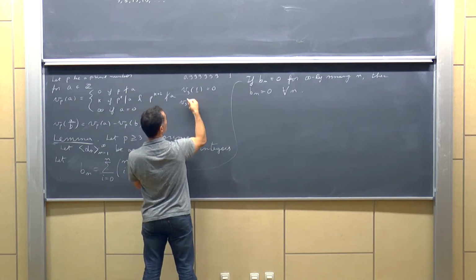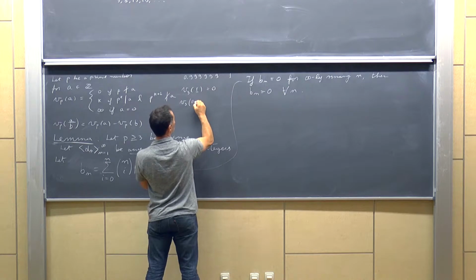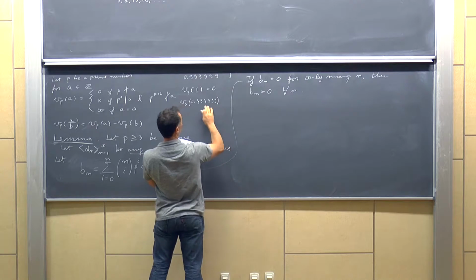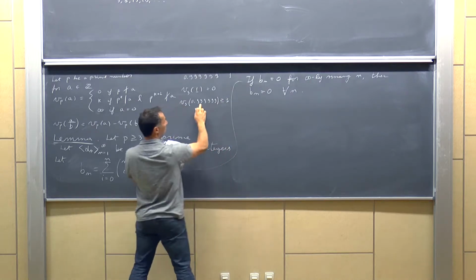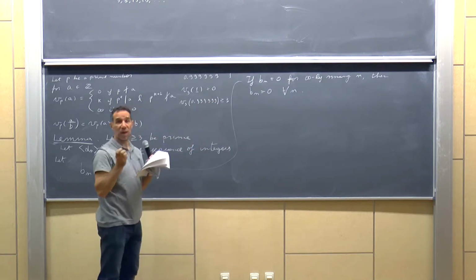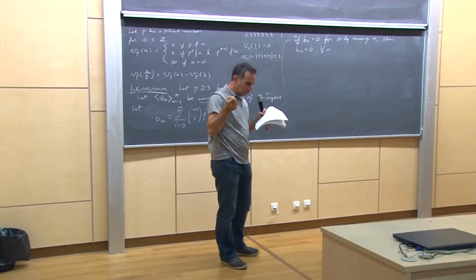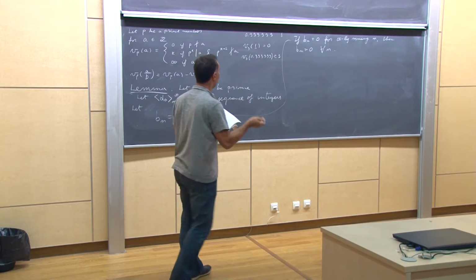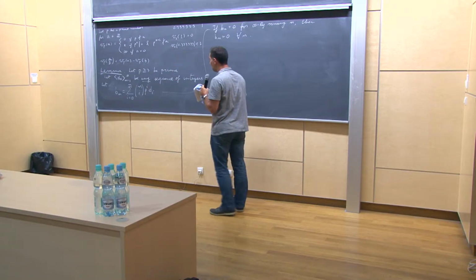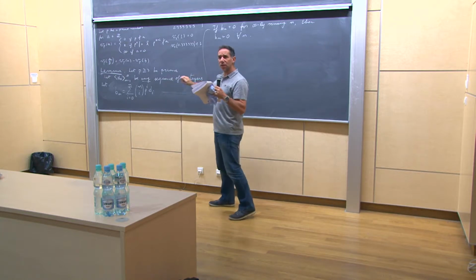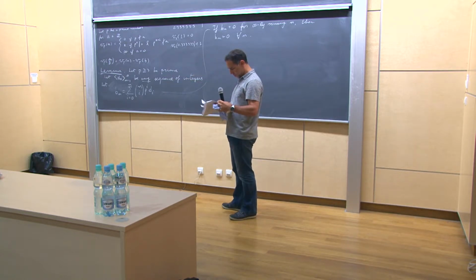But the 3-valuation of 0.999999 is at least 3, because you can divide by 9 and then you have 1, 1, 1, so it's at least 3. So with the 3-valuation, you can see a difference between those two numbers. This is why we have to work with the p-adic valuation. Okay, does the statement of this lemma make sense?